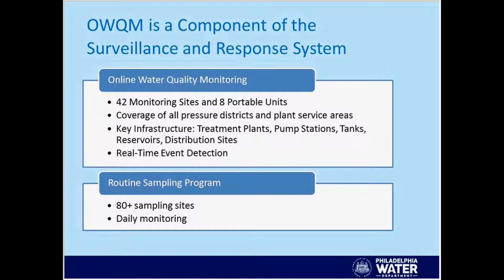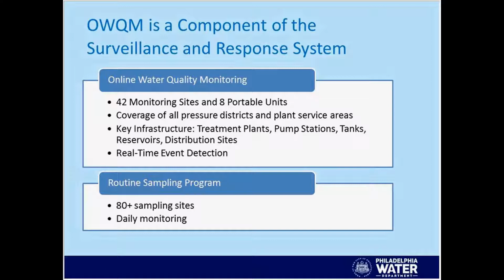We have complete coverage in all our pressure districts and all our plant service areas. Key infrastructure is treatment plant effluents, our pump stations, storage tanks, reservoirs, and distribution sites. And these are key when you're developing your site selection because it's a lot easier to just skeletonize your system and start out with sites that you already have, that you already are operating.